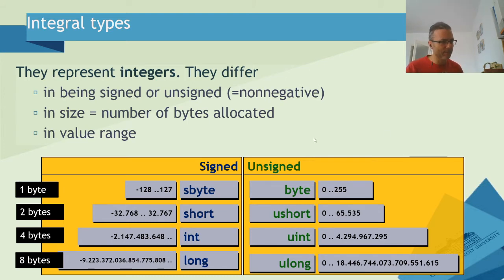This is how you can create a signed type out of an unsigned type. And you see the same logic holds in the case of short, int, and long. So let's talk about int now.